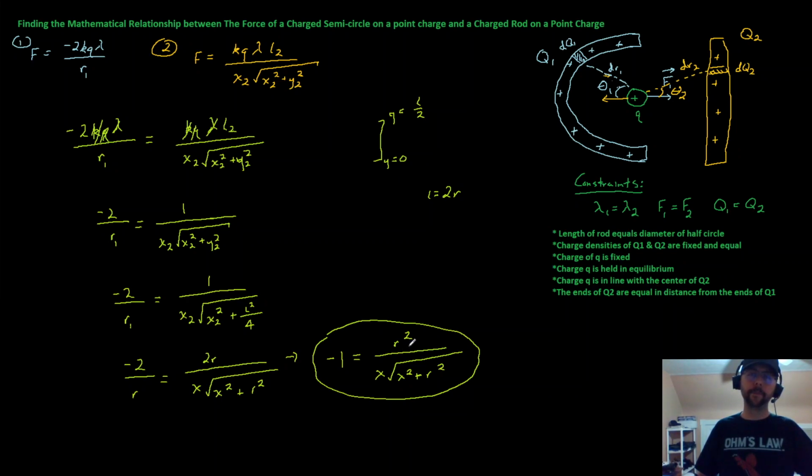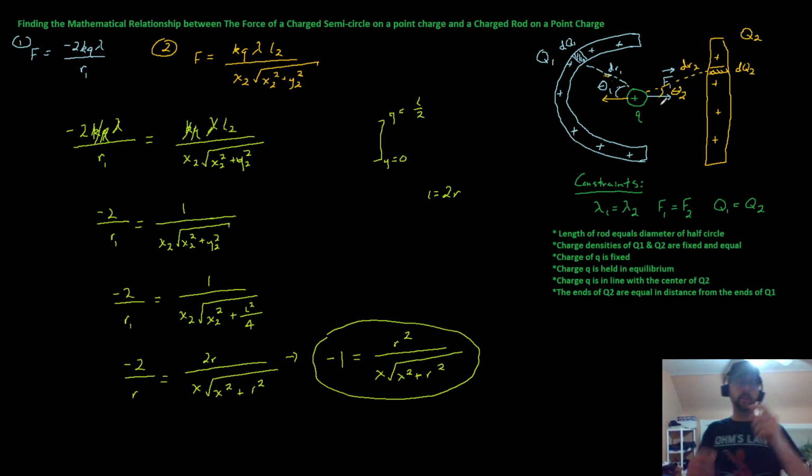I guess the only two things that matter in a sense are the r value, which is basically your distance from the charge to the center of the semicircle, or any point on the semicircle, but I'm just going to think of it as to the center, and then x, which is the distance from the charge to the center of the rod.